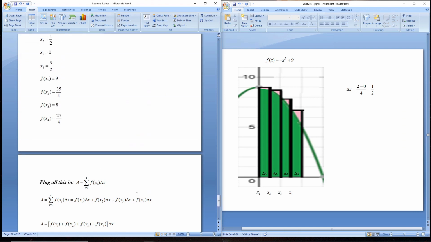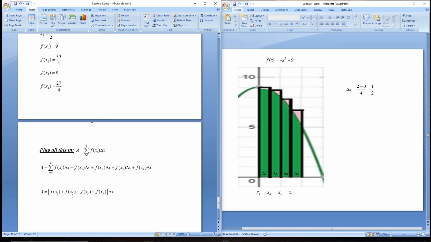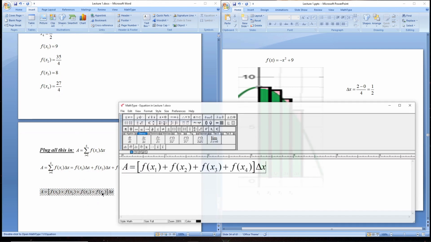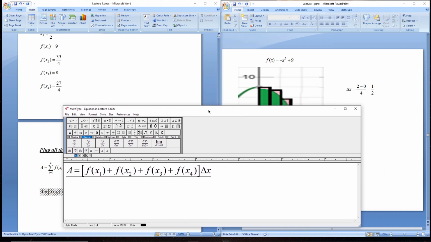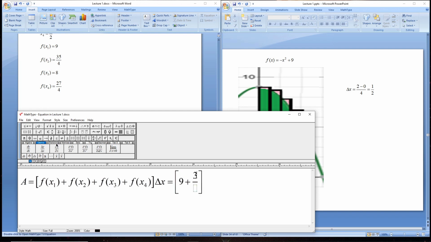Now, if you look above, we've already figured out what all this information is. It's just a matter now of plugging it in. So if we look at this expression and the numbers we've already figured out right here, we can see then that f of x sub 1 is 9. f of x sub 2 is 35 over 4. f of x sub 3 is 8.